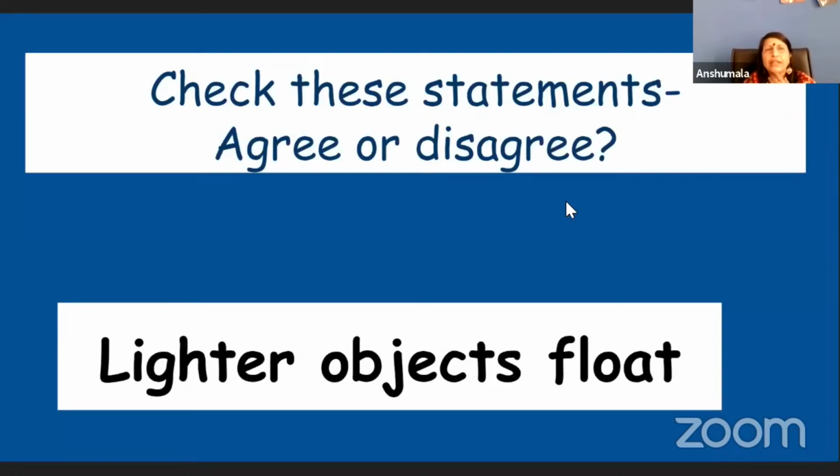Float in water. Parth Verma is saying it depends on the situation. Parth Verma, in our real life, we have millions of situations. So can we keep deciding on every situation what makes things float or sink? It's a complex question, a difficult question to decipher.